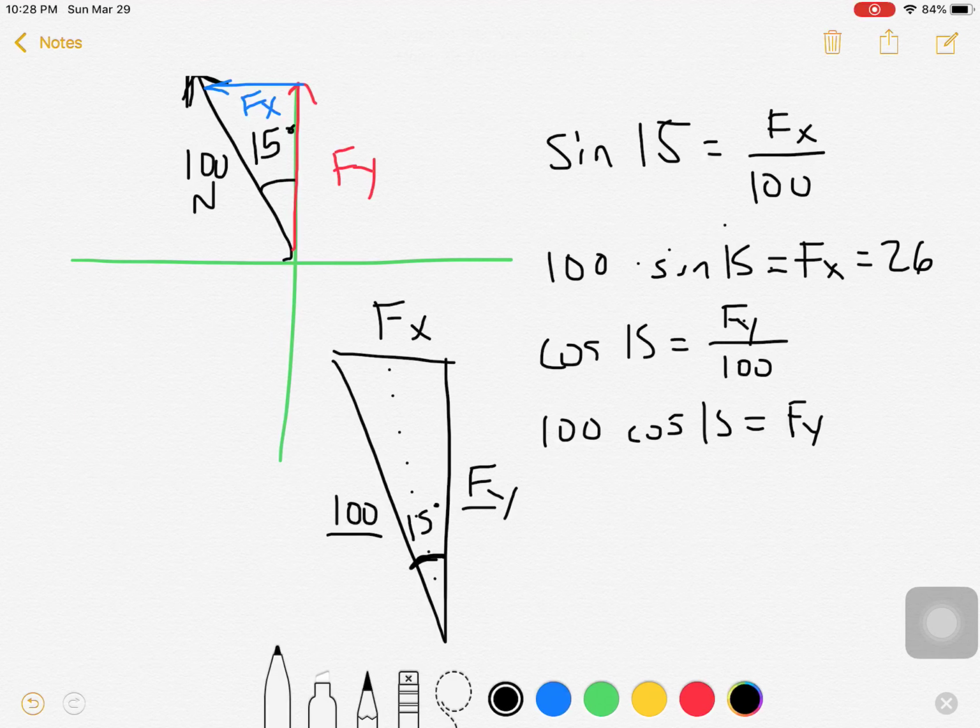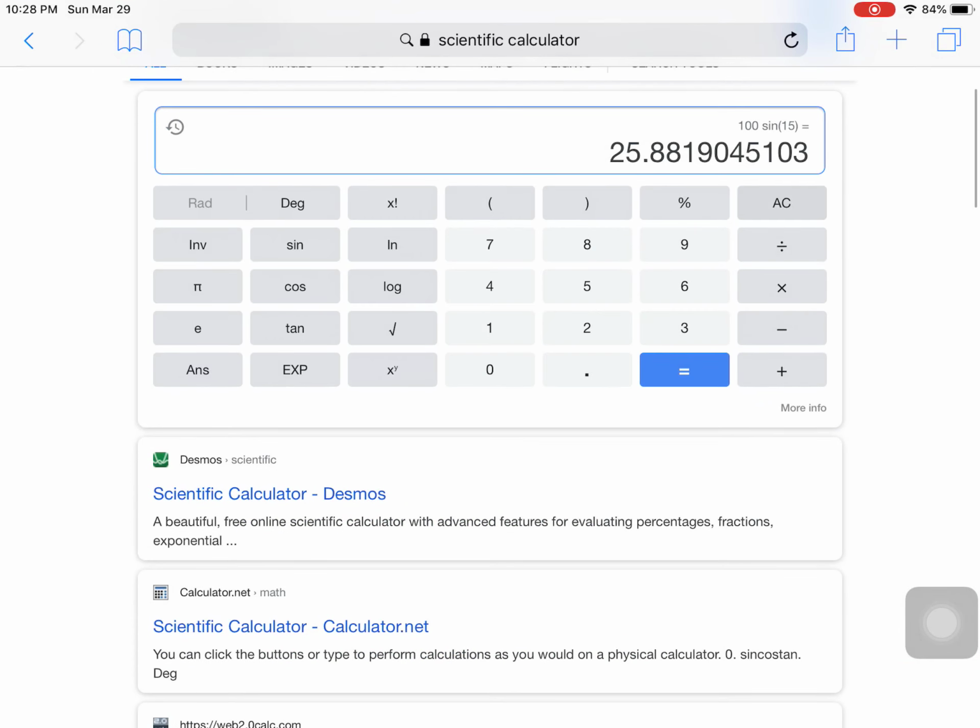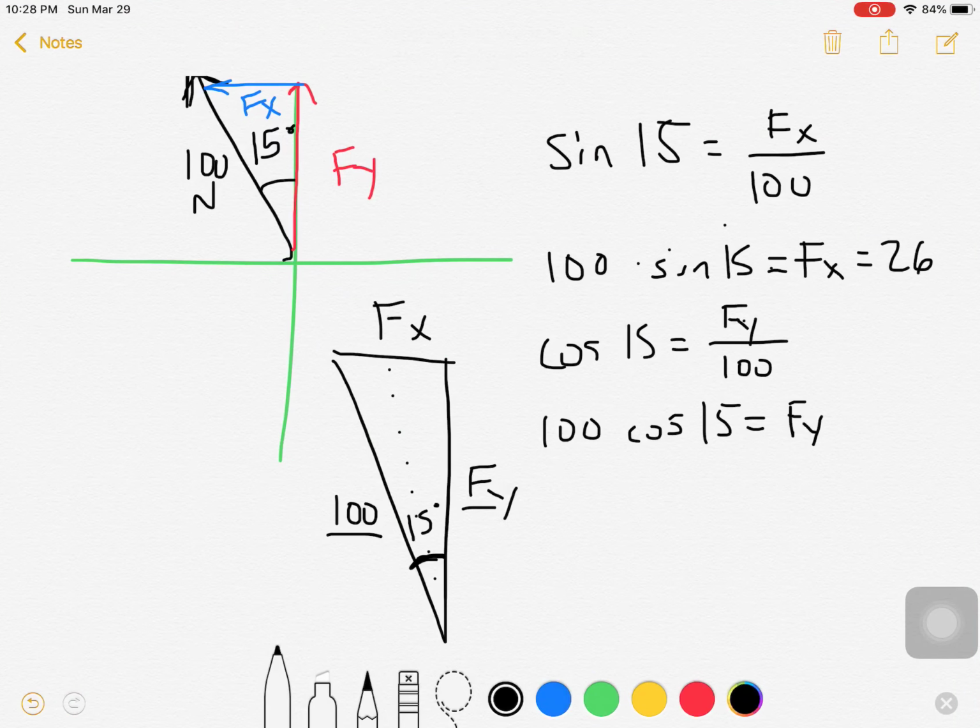So 100 times the cosine of 15 is Fy. We find it's 97. All right, so go ahead and write our numbers on here. This is 26, and that is 97.